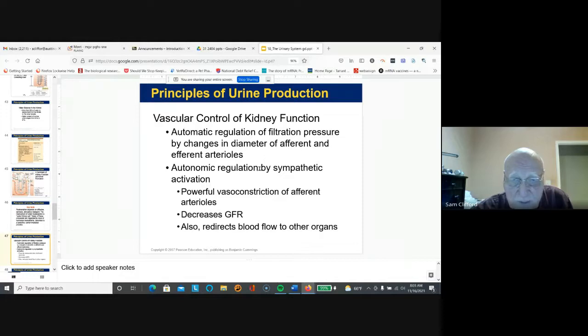And sympathetic activation can vasoconstrict the afferent arteriole, which decreases glomerular filtrate. And the sympathetic system is very important in controlling the diameter of blood vessels throughout the body, in particular the kidney, because variation in pressure is going to influence how much filtrate is formed.